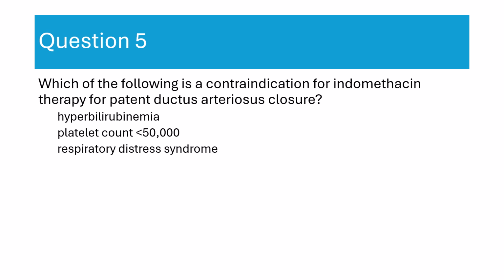A platelet count less than 50,000 is a contraindication for Indomethacin due to the drug's effect on platelet function and increased bleeding risk. Hyperbilirubinemia is incorrect because it's not a specific contraindication for Indomethacin therapy. Respiratory distress syndrome is incorrect because PDA is often associated with RDS, and the presence of RDS is actually an indication rather than a contraindication for treatment.